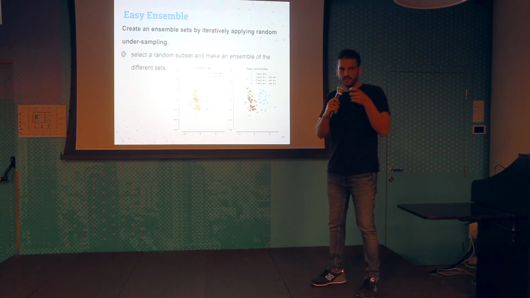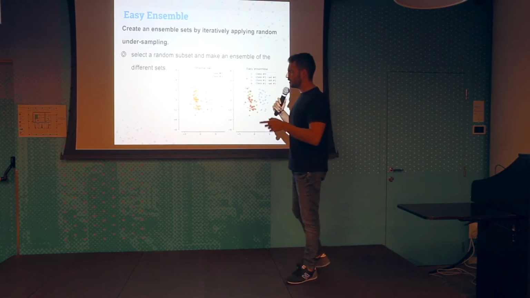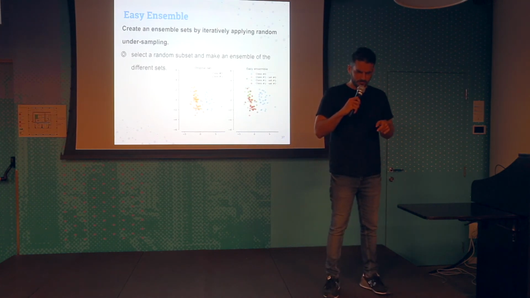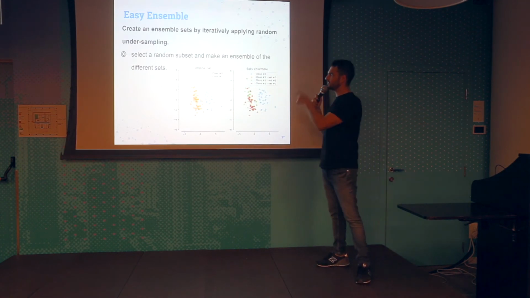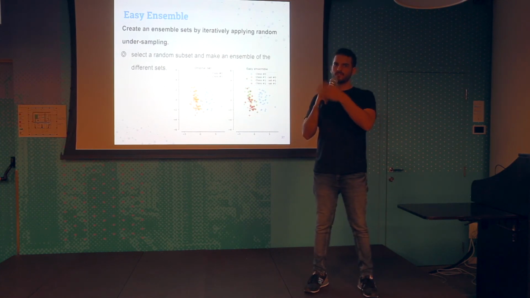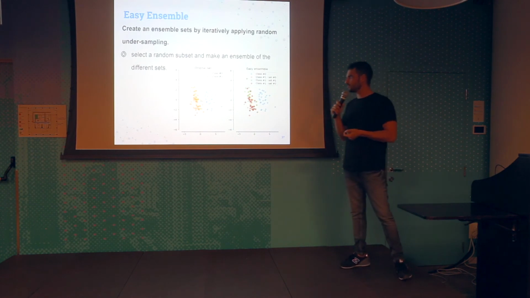And you iterate over it. What you end up with are N classifiers that you combine later to create your classification. So basically this is an ensemble of classifiers that vote, and you end up with your classification. This is an extremely powerful method to use.